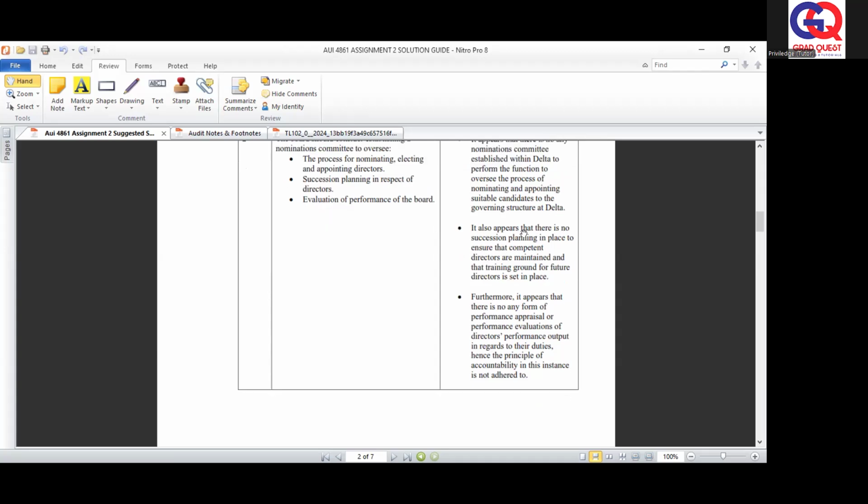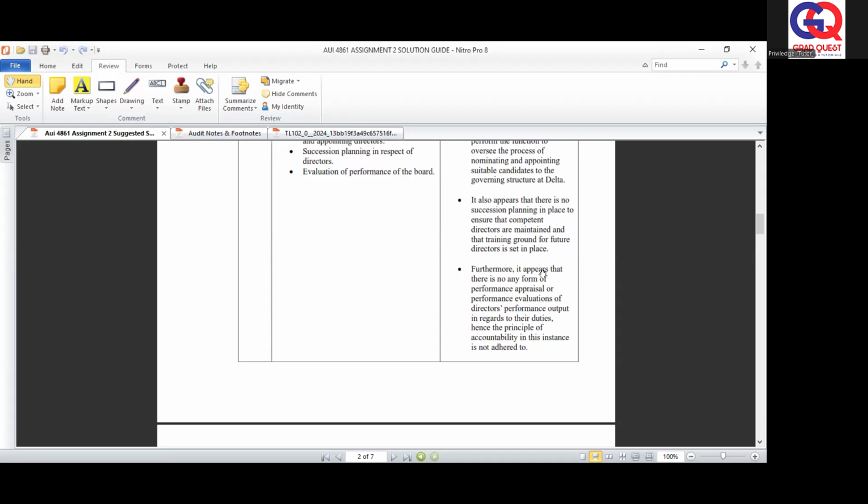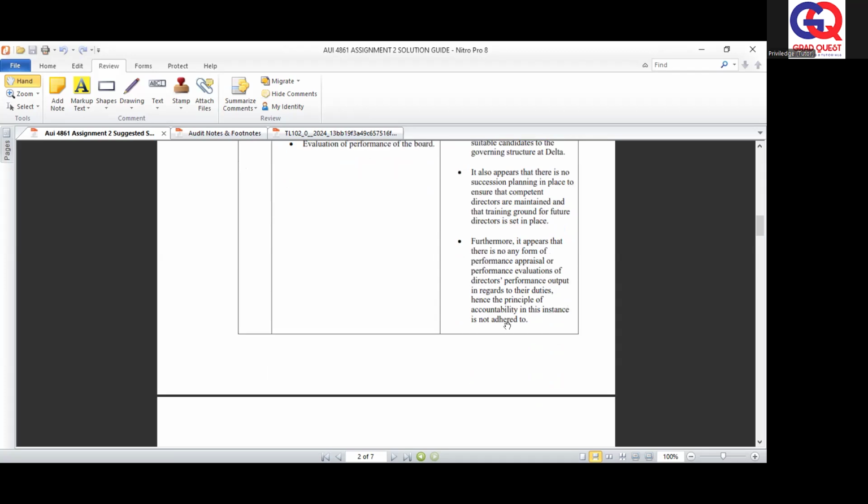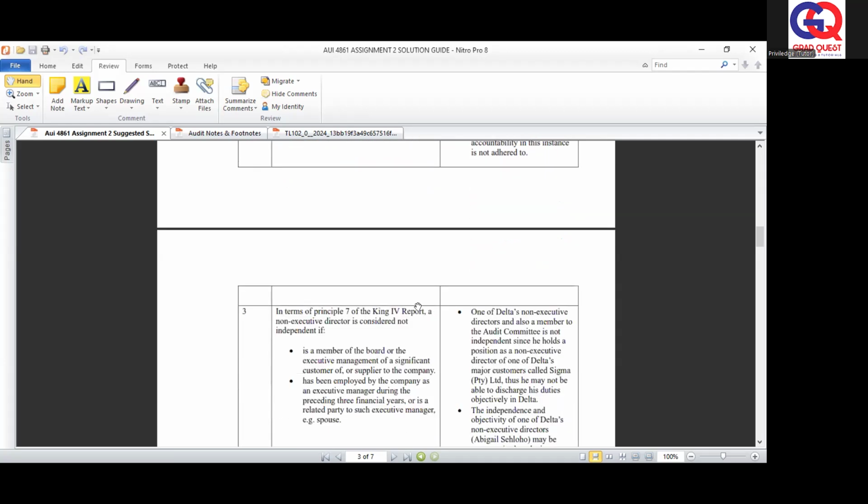Number two, it appears that there's no succession planning in place to ensure that competent directors are maintained and that a training ground for future directors is set in place. Furthermore, it appears that there's no form of performance appraisal or evaluation of directors' performance output in regard to their duties. Hence, the principle of accountability in this instance is not adhered to. Right, so those are some of the pointers that I put across.